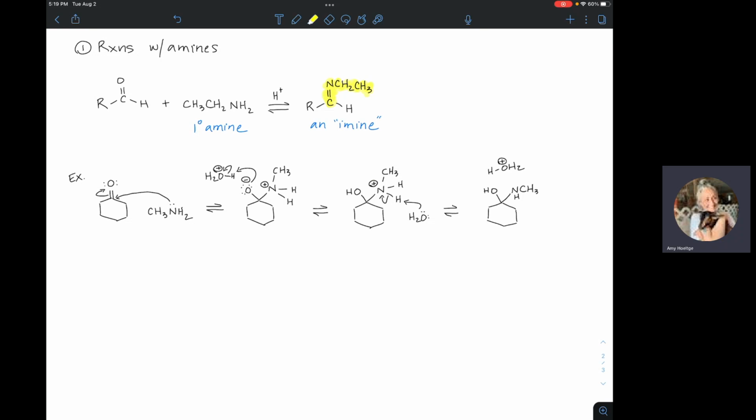See, we have our little positive charge there. So this oxygen is going to grab a proton and get the third tetrahedral intermediate, which is also protonated, but now I have a better leaving group, don't I? I've got water.